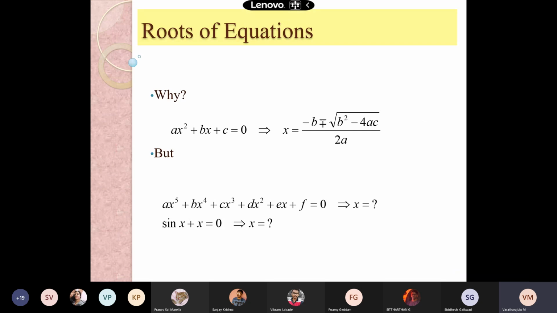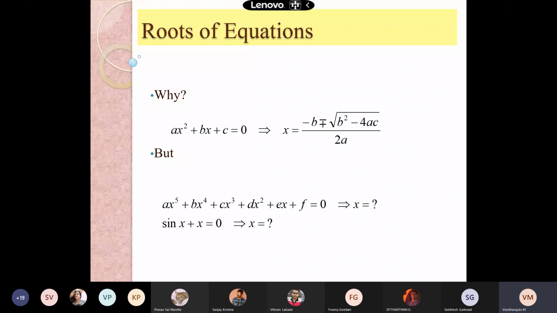See, this is what you studied during your school days, that is the root of an equation. If it is a quadratic equation, that is ax square plus bx plus c is equal to 0, the result you can get x from minus b plus or minus root of b square minus 4ac divided by 2a.